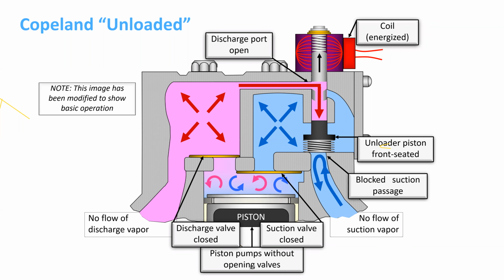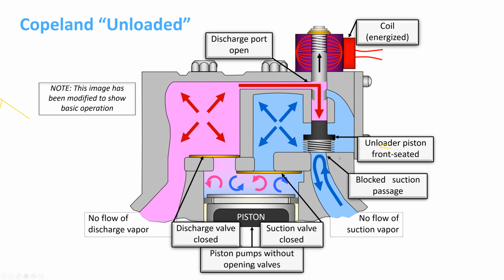And so if you encounter an unloaded compressor that is running abnormally hot while unloaded, you usually have a mechanical deficiency inside of the head. So that's something to be aware of.